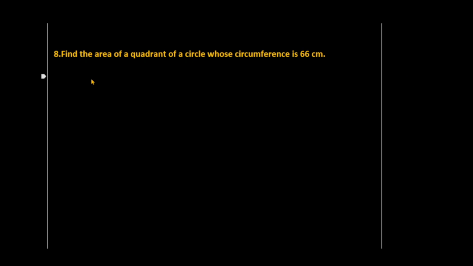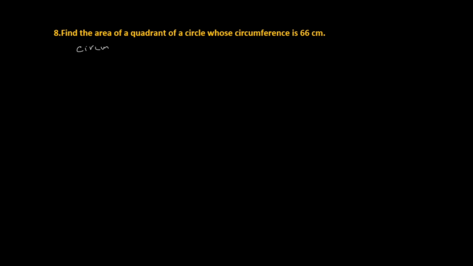Eighth question, find the area of the quadrant of a circle whose circumference is 66 centimeter. Directly the radius or diameter is not given, the circumference of the circle is given. Using that we need to find the radius. Given circumference of circle is equal to 66 centimeter, that is 2 pi r is equal to 66 centimeter. 2 into 22 by 7 into r is equal to 66.